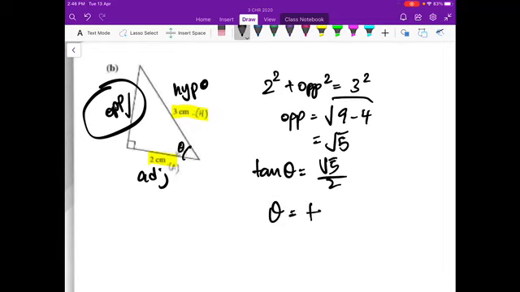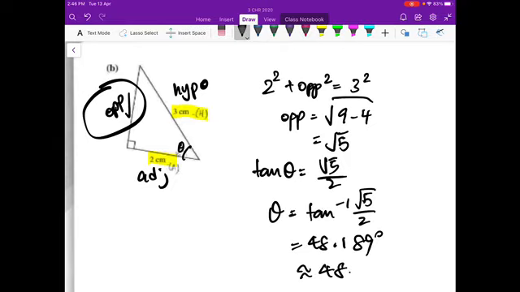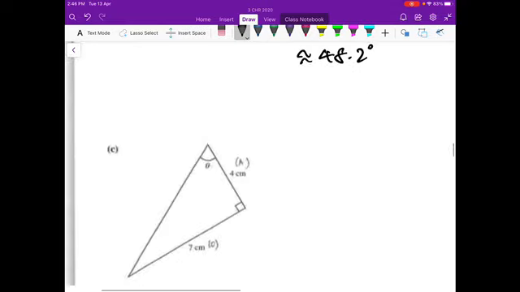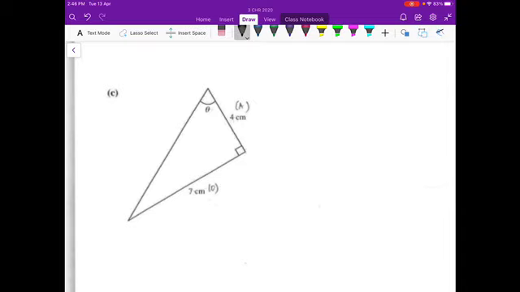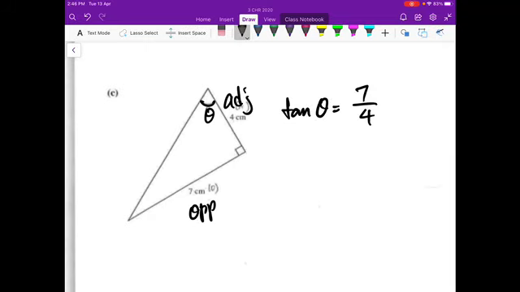So what's the answer? Hey, where did the line come from? Wait, I'm wrong. Next, this is our adjacent. Opposite. Tangent. Correct.